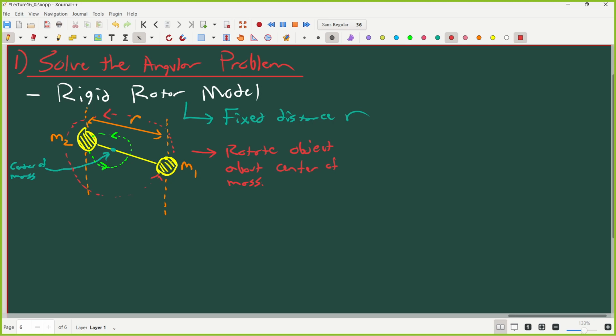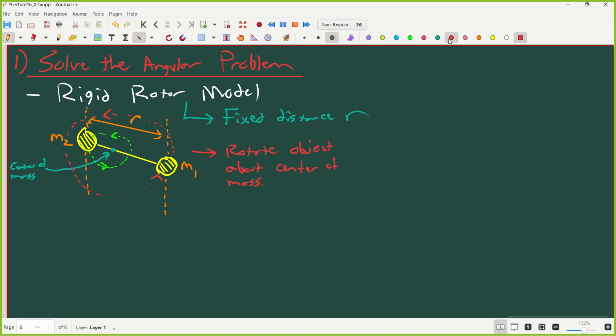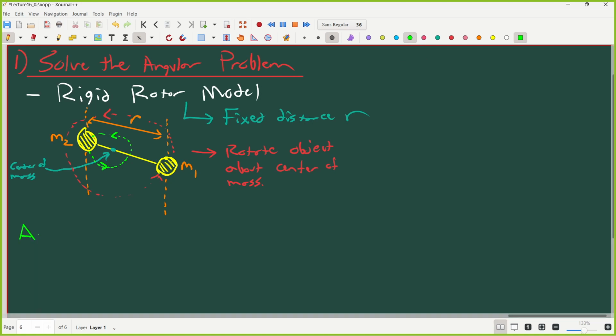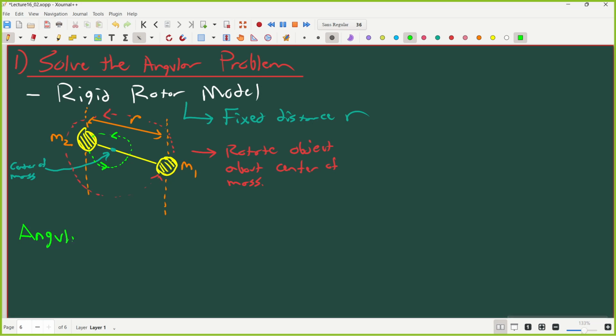So what does physics say about this system? We just peel back to introductory physics. We've got about 5 minutes left. Just like we did for linear motion, where we define the momentum, we need to define the angular momentum of this system.